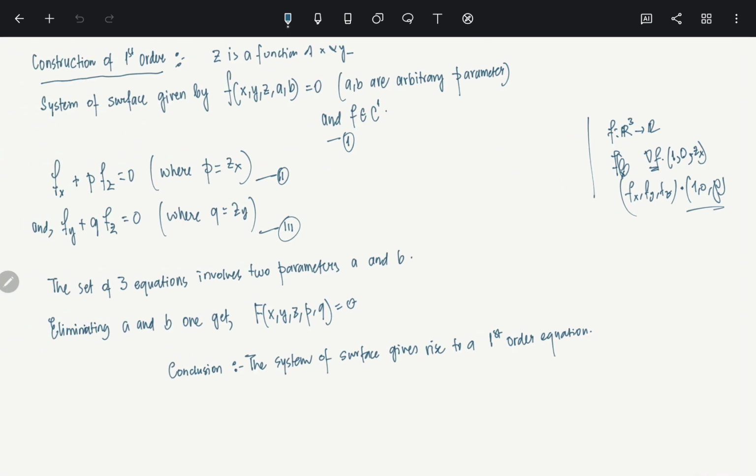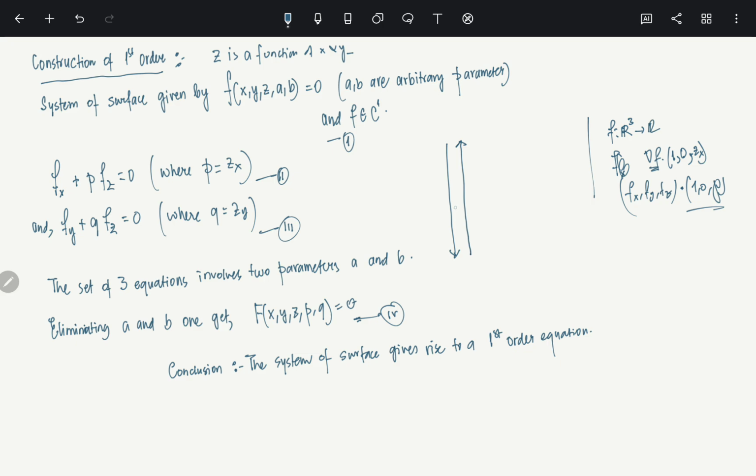Okay, in this case, if you have a first order equation, we went from here to here, right? We have a surface, and after eliminating the two parameters we end up getting this relation which is capital F of x, y, z, p, q, and F is sufficiently smooth. Now, if you are given an equation like this, let's call this 4, and if you can solve the equation, you end up getting two arbitrary parameters.